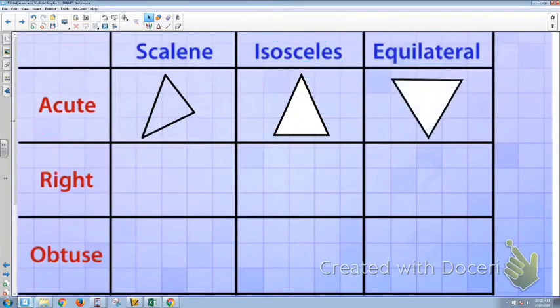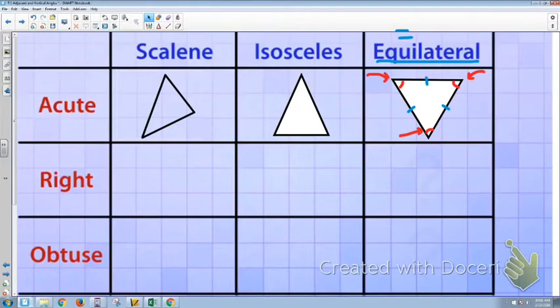Let's take a look at an equilateral triangle here. And equilateral triangles are special kinds of triangles as well. They are definitely classified as acute. They are acute because all three angles are smaller than 90 degrees, but the name implies something very special about this triangle. Equilateral triangles have all three side lengths and all three angles the same, equal to each other.